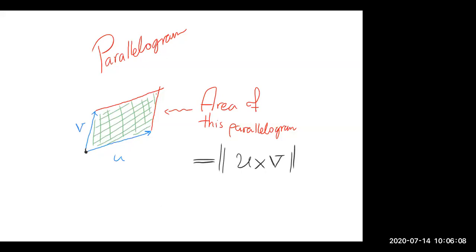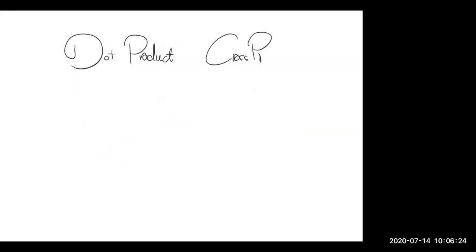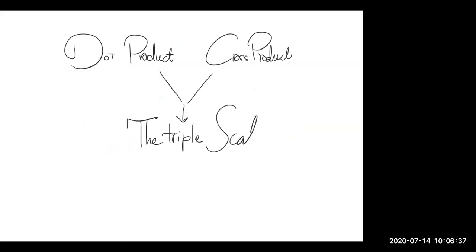Maybe it's good if I say one more thing and then give you a break, right? Let me add one more interesting thing. So we have the dot product, and then we have the cross product. We can combine these two to get a new product, which is called the triple product, or triple scalar product.